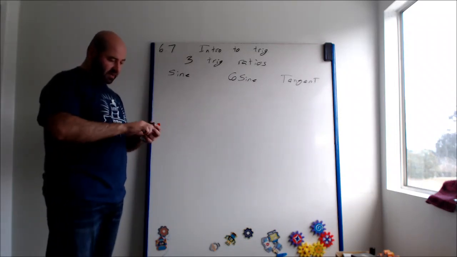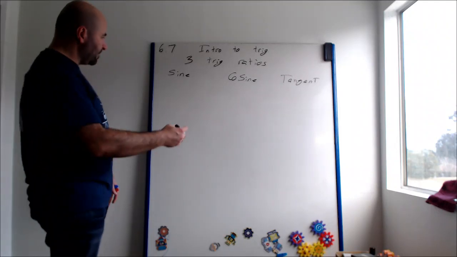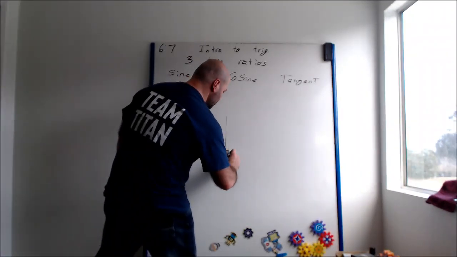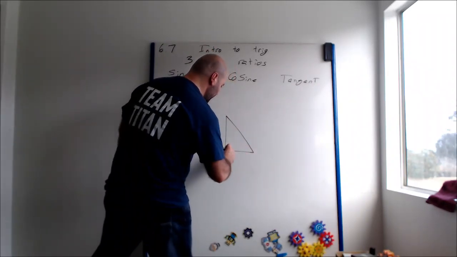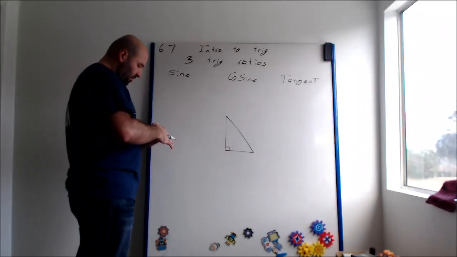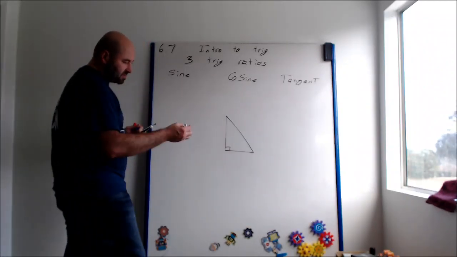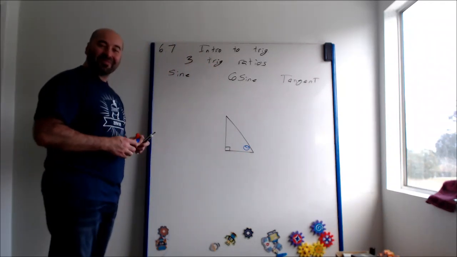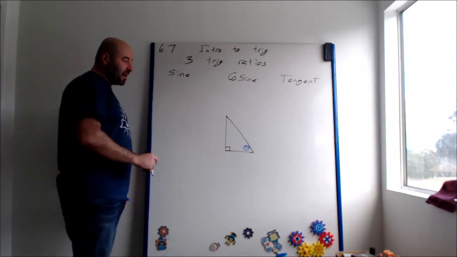So whenever we're talking about a right triangle, and there's my right triangle. Let's say that we have an angle, and we're going to use this angle right here. We'll label that one theta.